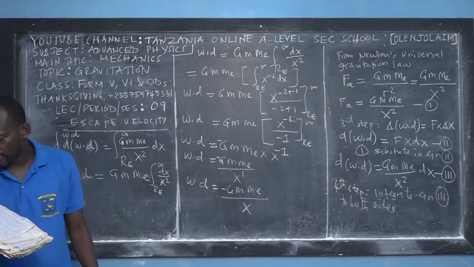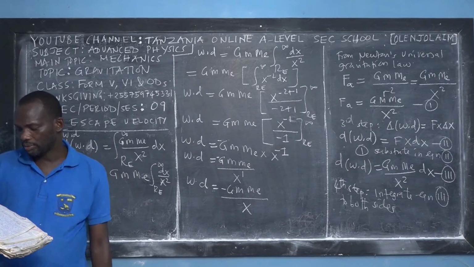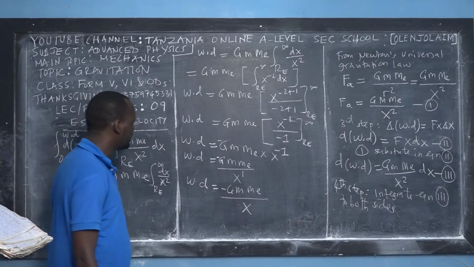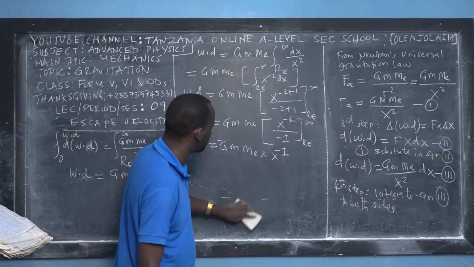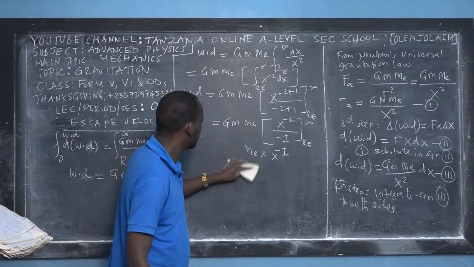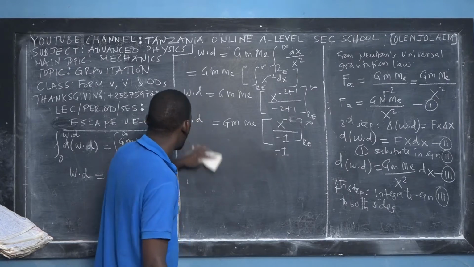Remember, in case you are deriving the formula for escape velocity. But yes, we didn't substitute our limits first, because we have limits.